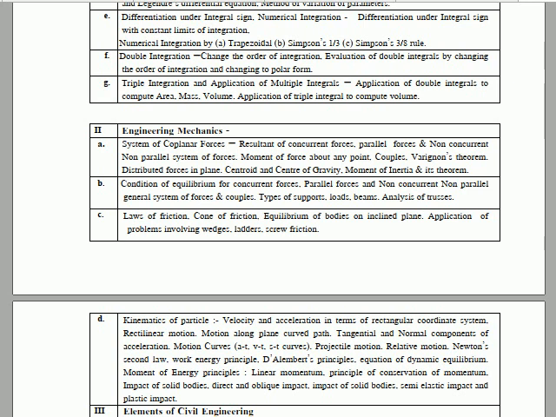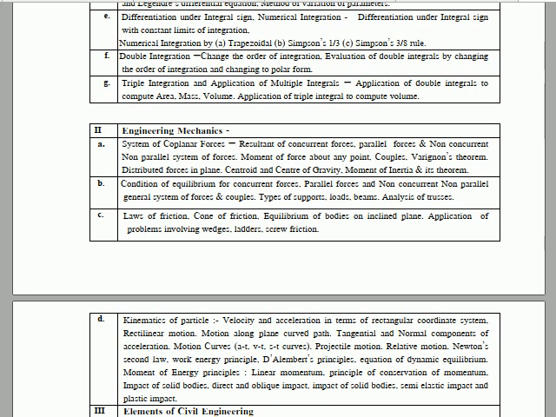The next topic is condition of equilibrium for concurrent forces, parallel forces and non-concurrent non-parallel general force system, types of support, load, beam, analysis of trusses. The next is law of friction, cone of friction, equilibrium of bodies on inclined plane, application of problems involving wedge, ladder, skew friction, etc.